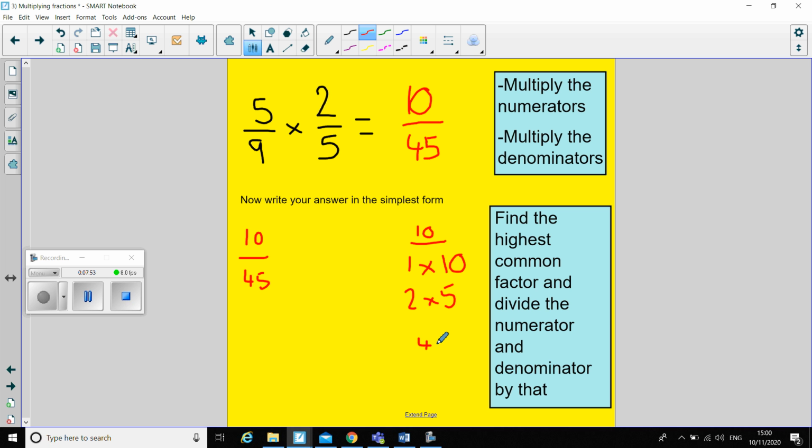Now I'm going to find the factors of 45, where I can have 1 and 45. 2 doesn't go into 45. 3 does go into 45.